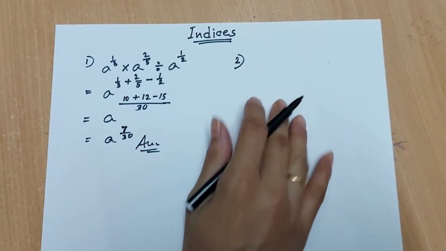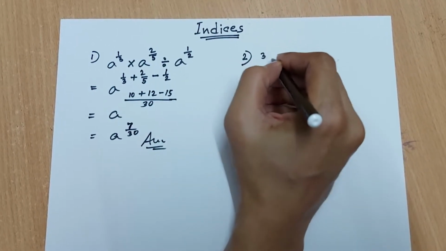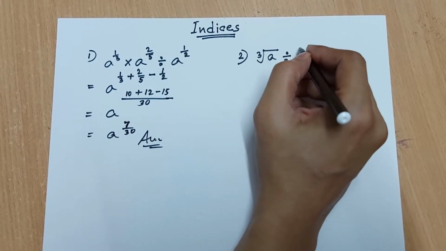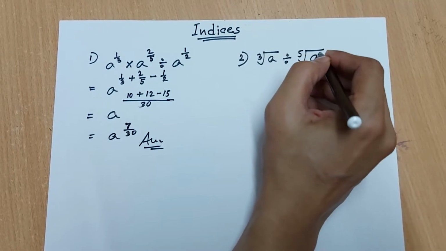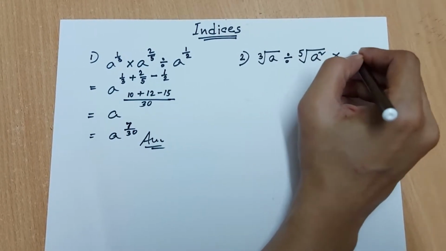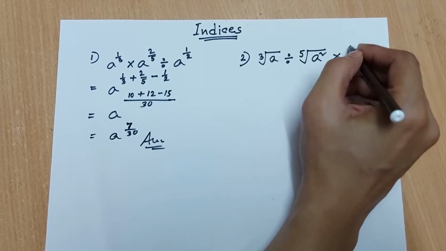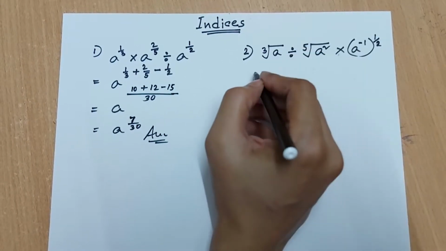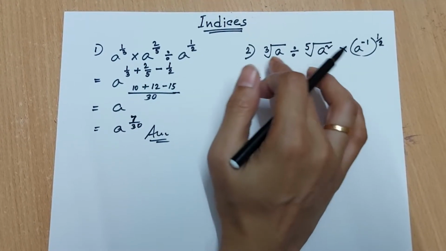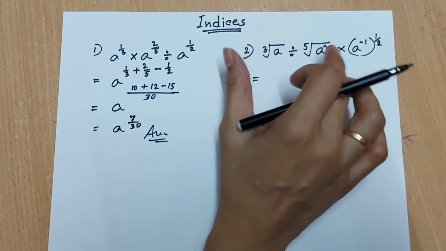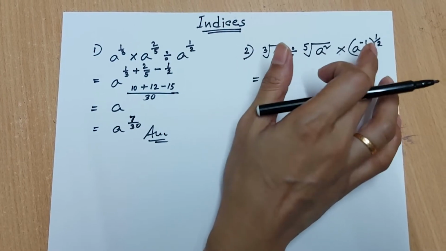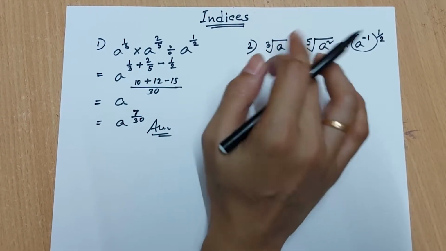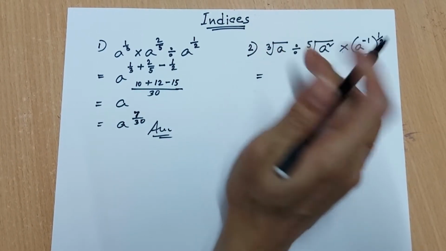Number 2, cube root of a divided by fifth root of a squared into a power -1, whole power raised to the power half. Now what you see here, these two are dividing and the third one is multiplied, but a simple difference here, cube root of a.